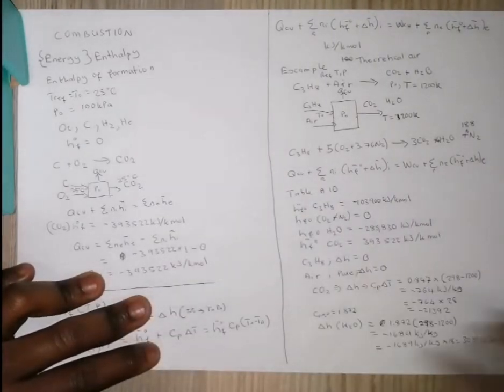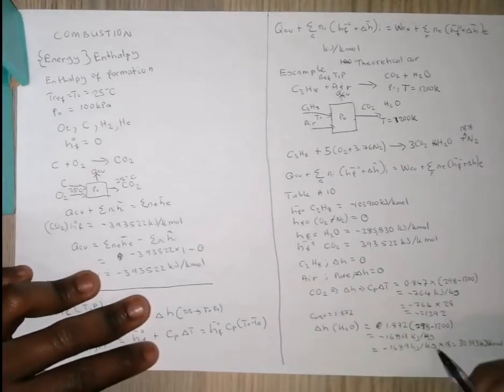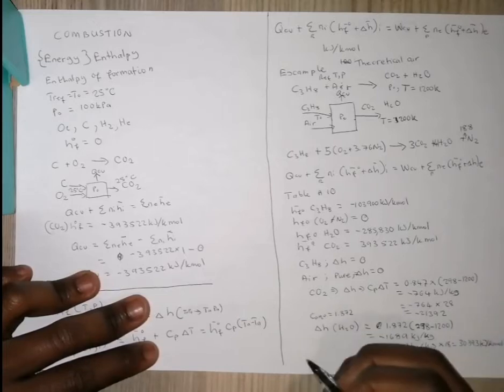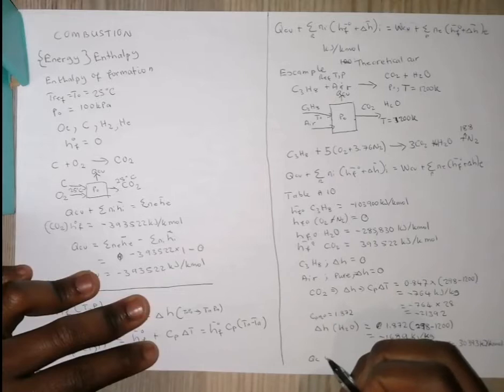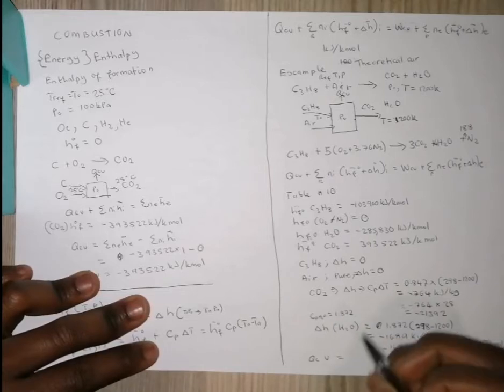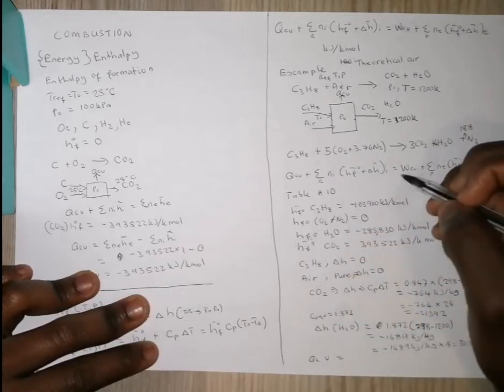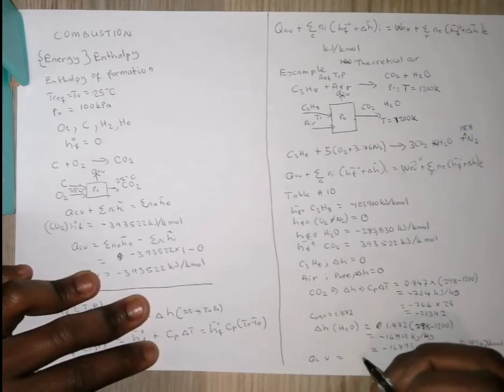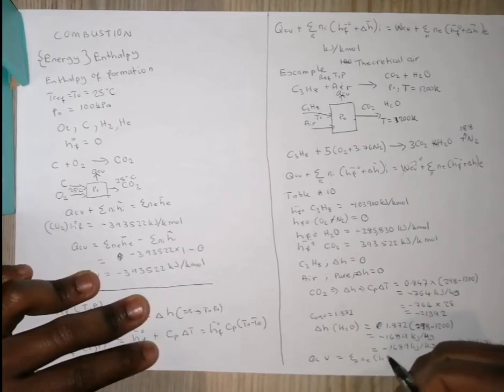Okay, so what's going to happen now is we're going to fix all these values into here, which means that our QCV will be equal to, the work here is 0, product NE HF 0 minus change in H exit.